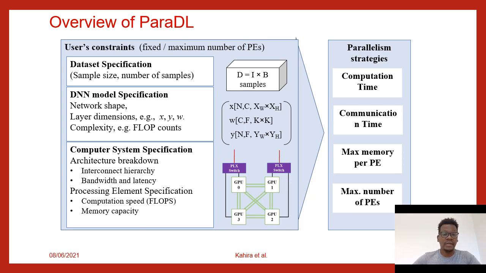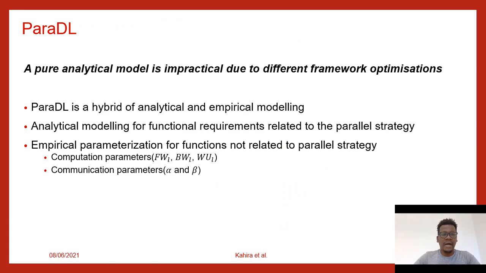And in this, we take the architecture breakdown, which is like interconnect hierarchy, bandwidth, the number of flops, and memory capacity, etc. By taking these things, we can then project the computation time of a specific parallel strategy, the communication time, and the maximum memory per processing element.